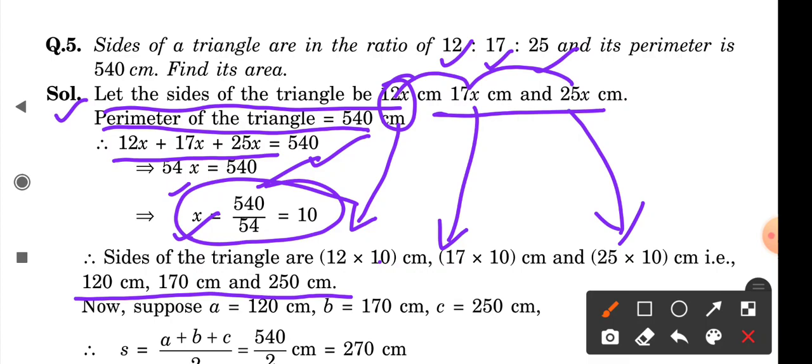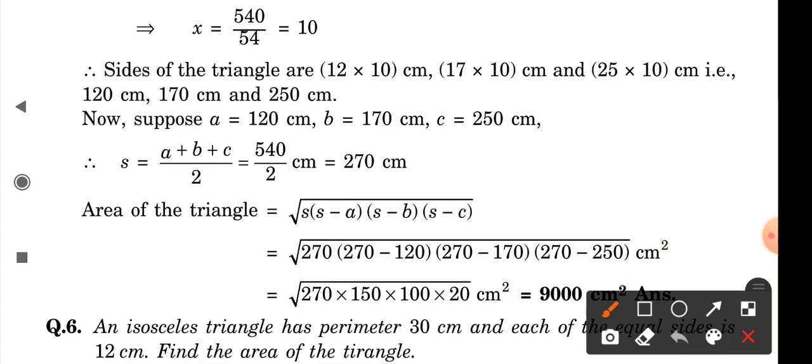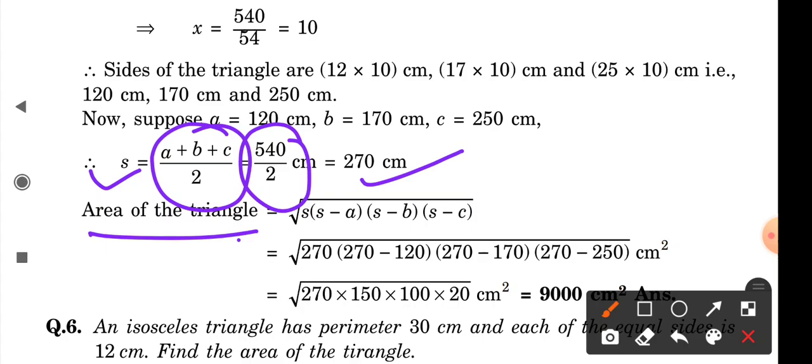Now we have to find out the area of the triangle. So for that again we will apply the same Heron's formula. First we will find out the semi-perimeter. S is equal to (a plus b plus c) upon 2. That means it is 540 upon 2, it's 270. Now the area of the triangle is equal to under root S into (S minus a)(S minus b)(S minus c).